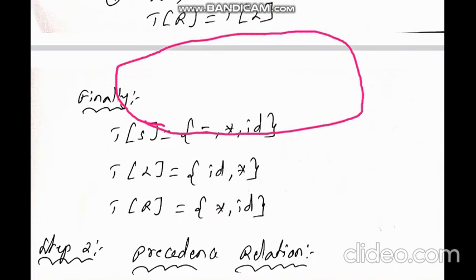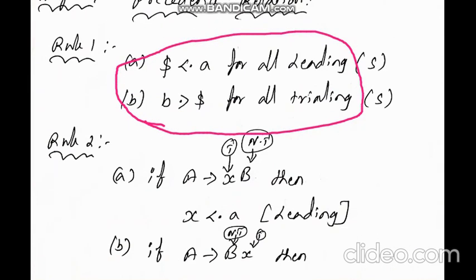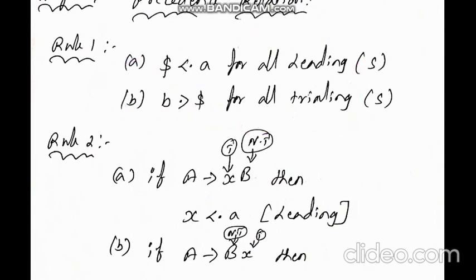I'm having this particular circle, so here it is, right? We are going to have this leading of S and trailing of S applied according to the rule, right? First we'll move on to this leading of S. Remember this: dollar, leading symbol, a. This a stands for all the input symbols, that is, equal to, asterisk and id, and this dollar remains the same.